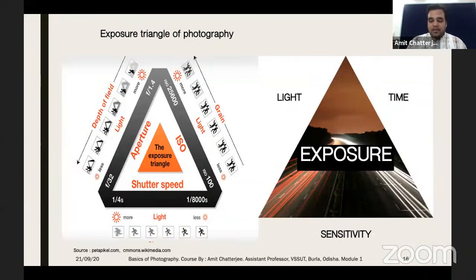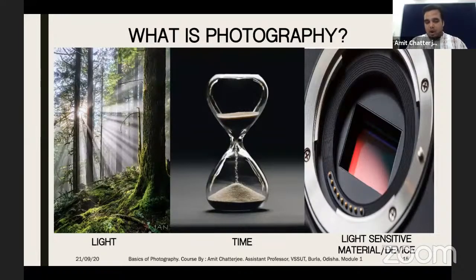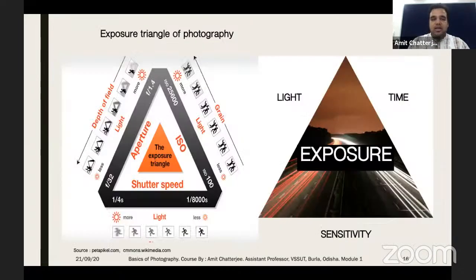Now, the same thing that I talked about, light, time, and sensor, or a light sensitive material, is read in photography as the exposure triangle, which again talks about light, time, and sensitivity.